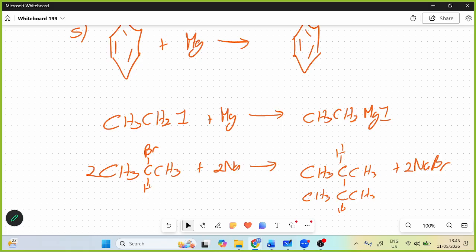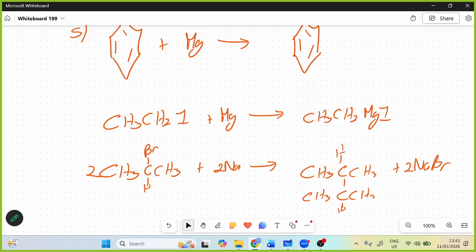Then, rates of hydrolysis: 1-chlorobutane, 1-bromobutane, and 1-iodopropane with silver nitrate and ethanol. Since the iodine-carbon bond is weaker, iodine is a larger atom, therefore its bonds will be weaker. Whereas chlorine is the smallest halogen that you actually study, therefore it would have the strongest bond.